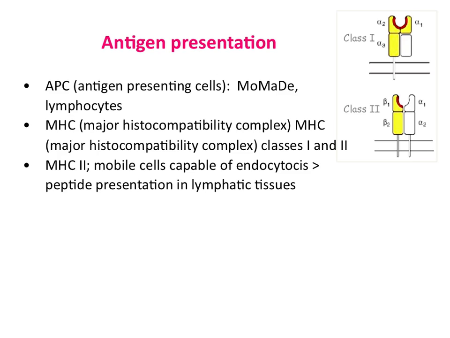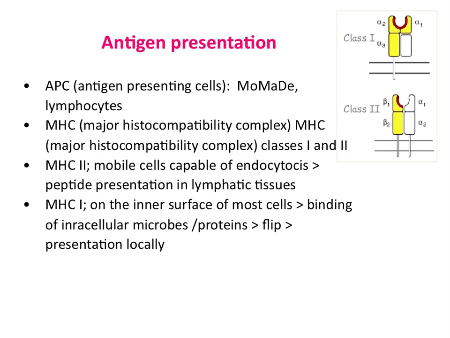Class 2 is on mobile cells like macrophages, and they're capable of endocytosis, and then they present the peptide, the bit of the microbe that they want to present, to lymphatic tissues and cells.